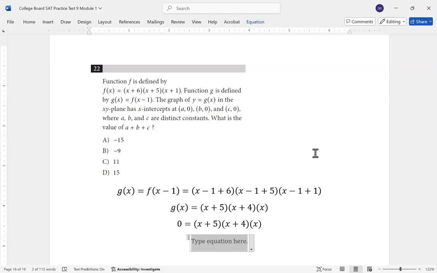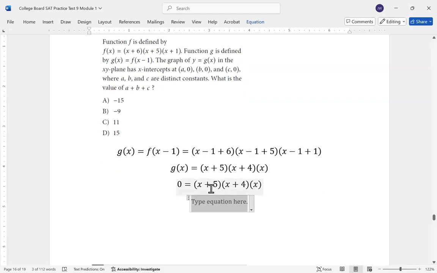We can use the zero factor property and say if x plus 5 is equal to 0, then x has to be negative 5. If x plus 4 is 0, then x has to be negative 4. If x is equal to 0, then x has to be 0.